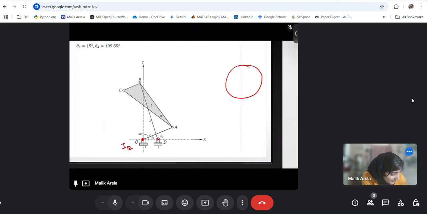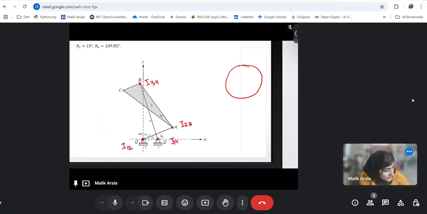This is my I14. Since this is link 3, this is my I23, and this one is link 4, and this is link 3, so this is I34 or 43, right? So these four centers, this one is I14.